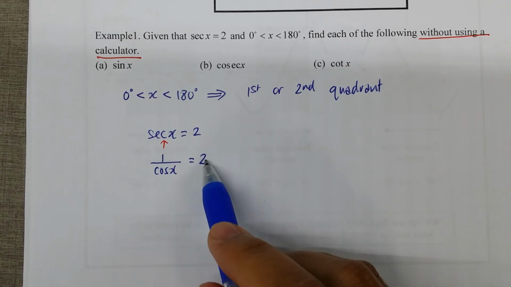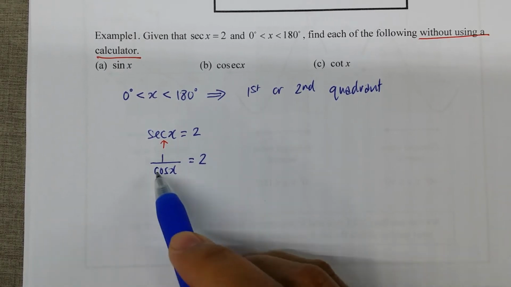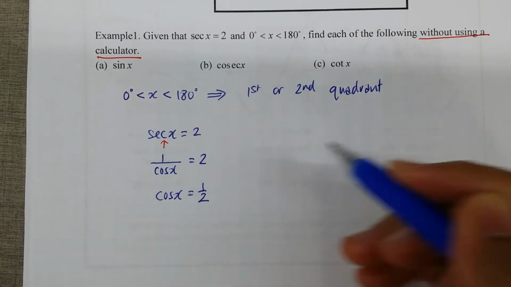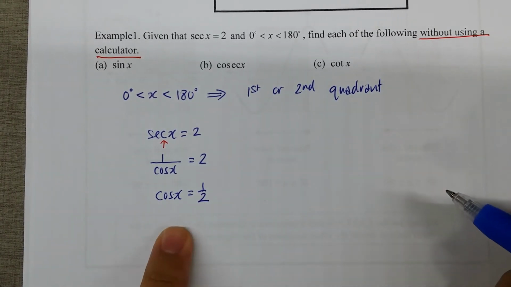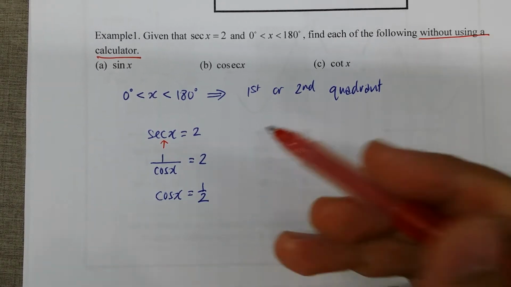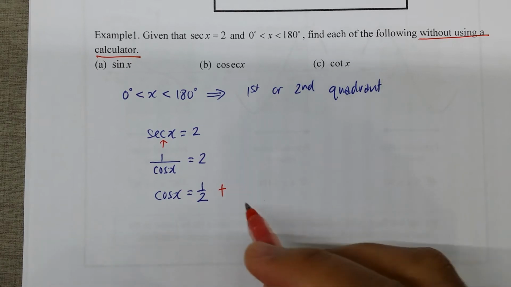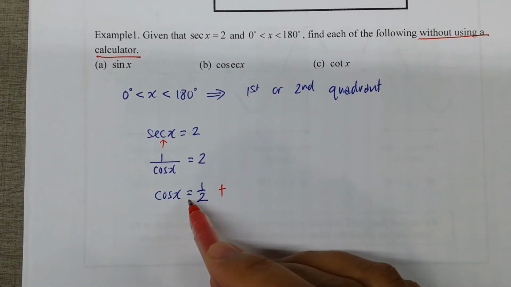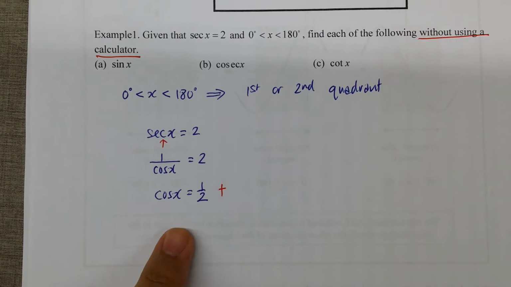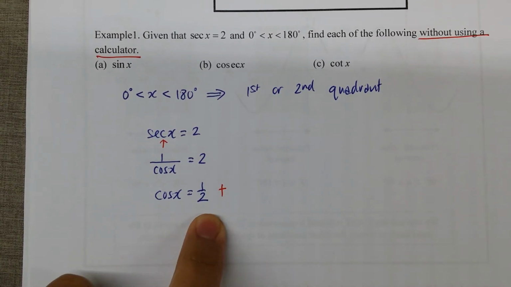Cosine x brought up, then 1 divided by 2, I will get cosine x equals half. Simple trick. Cosine x equals half. Half is positive. When will cosine x be positive?